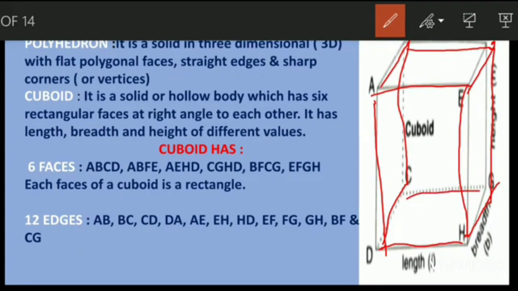So a straight line is an edge of a cuboid. So there are 12 edges.